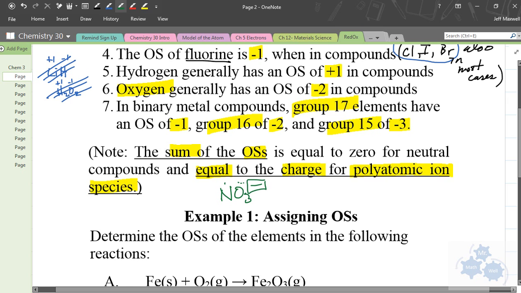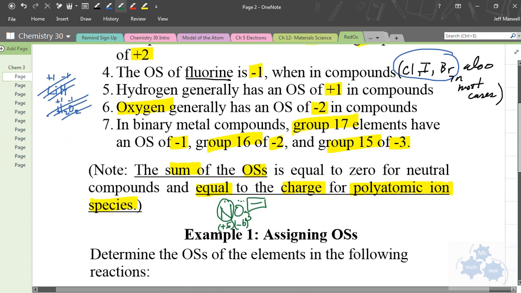That's where you can get some different oxidation states for things like nitrogen. Oxygen is going to be -2, so that's -6 for the oxygen, and because the total is -1, nitrogen is going to be +5, and you wouldn't guess that, right? So that's where it gets a bit tricky. You sometimes have to deduce what this charge is. You can't just look at the table all the time. But suffice it to say that all of the oxidation states have to add up to the charge.